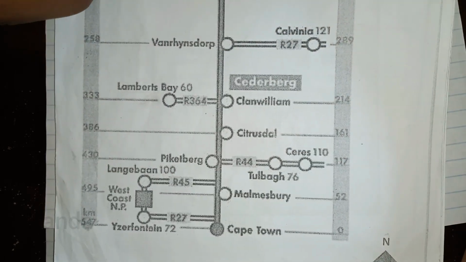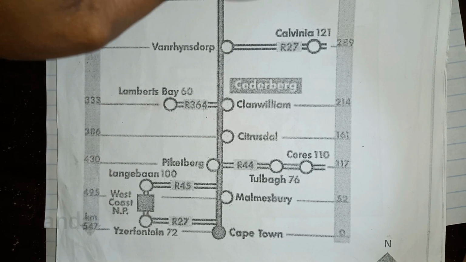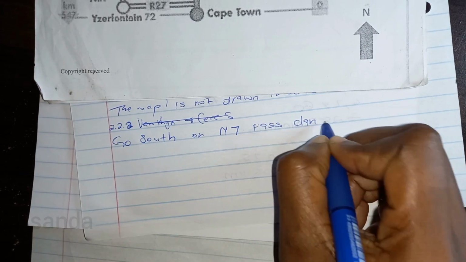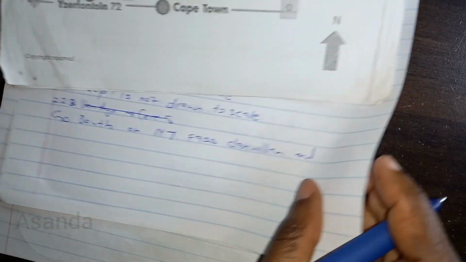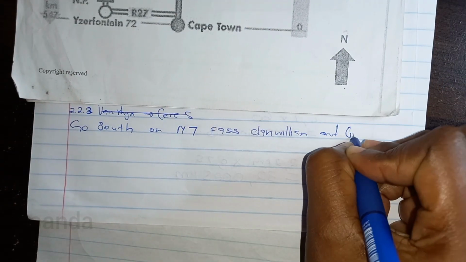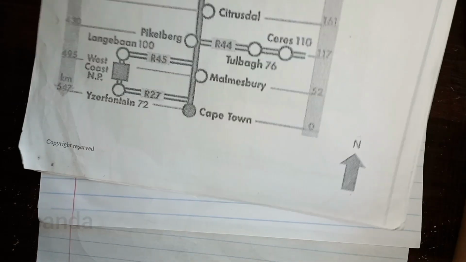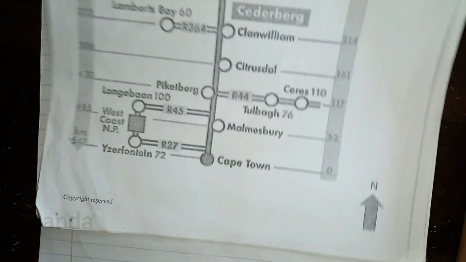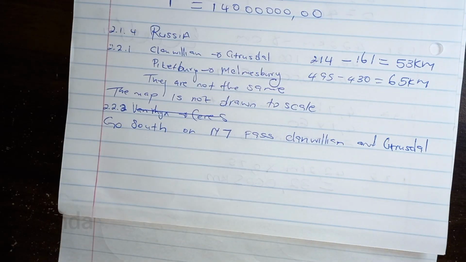I'm going all the way south and I'm going to pass Clanwilliam, pass Citrusdal, and then at Piketberg I'm going to turn. Okay, let me just check something here first.